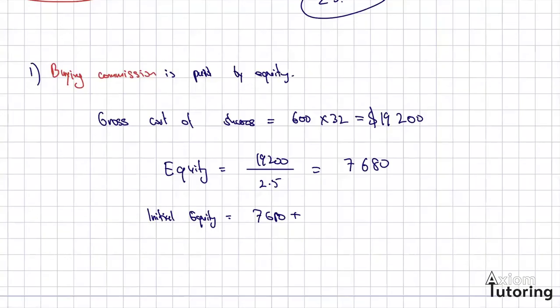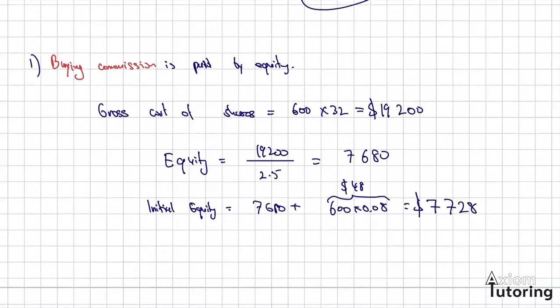What is the commission here? It's 600 times 0.08, and that is $48. So effectively, my total investment outlay is going to be $7,728. That's my initial equity.